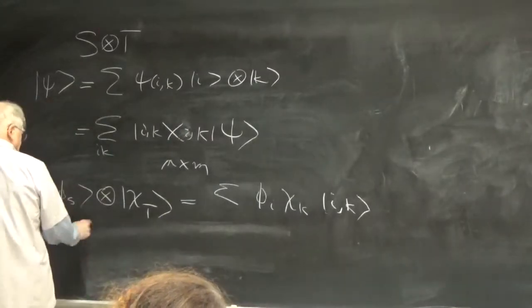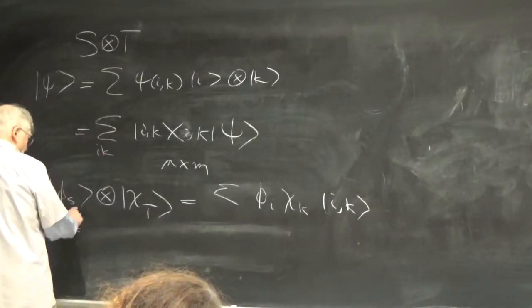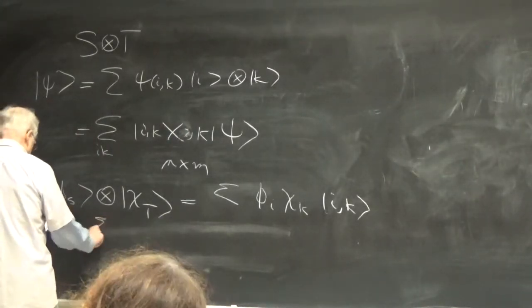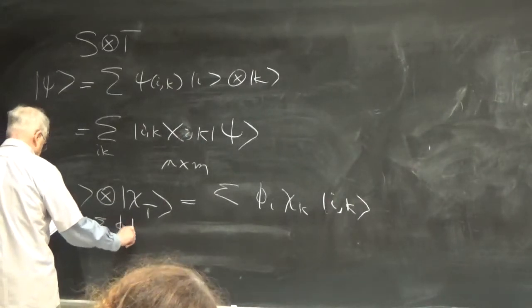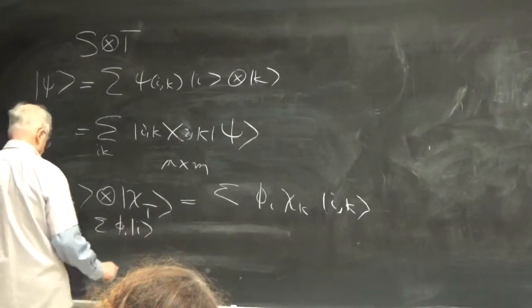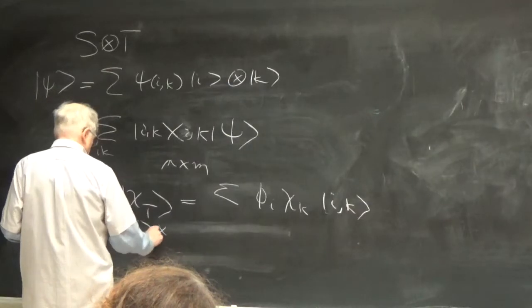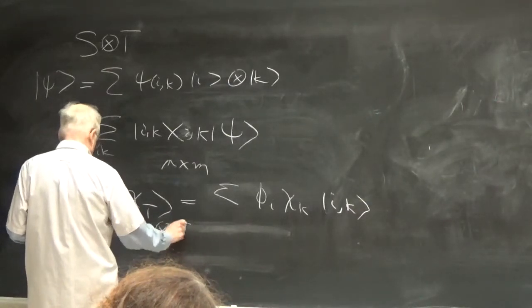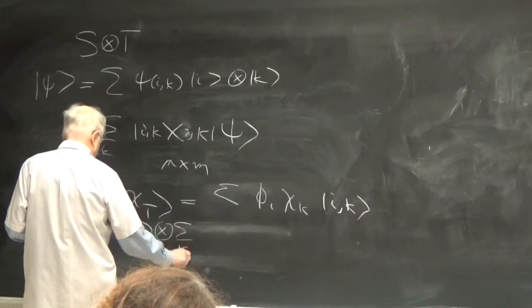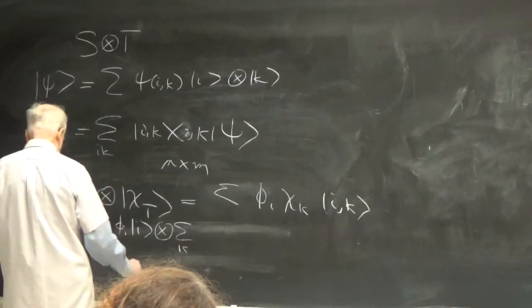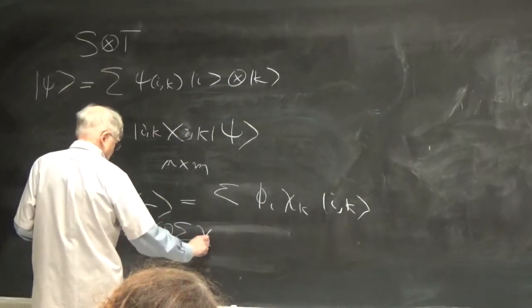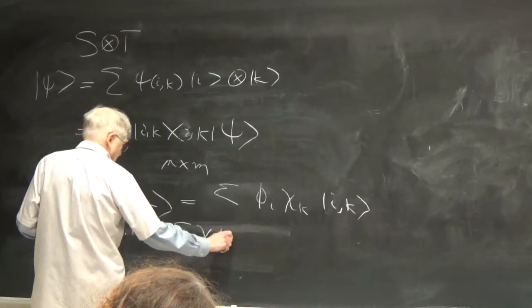I'm going to write this as a sum phi I times the state I, cross product with the sum on k of chi k.